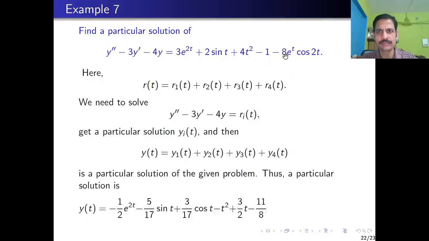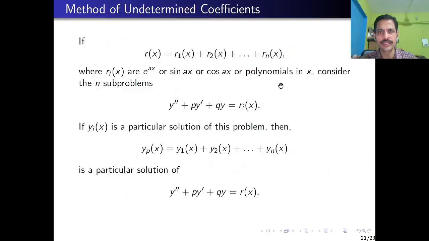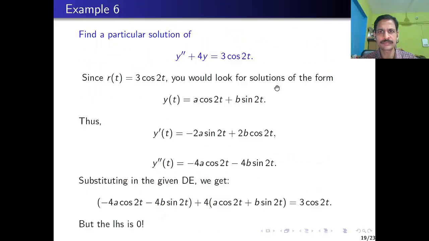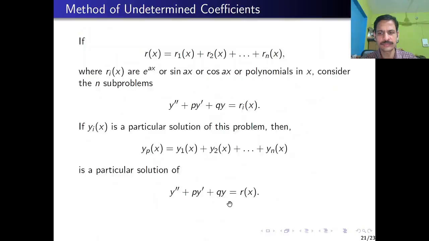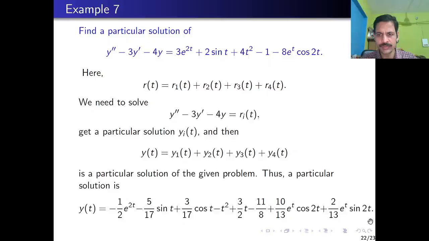And the last term minus 8 et cos 2t appeared here, and we have 10 by 13 et cos 2t plus 2 by 13 et sin 2t as a particular solution, and we use it here. By adding those 4 particular solutions, we got the particular solution of this second order ODE.